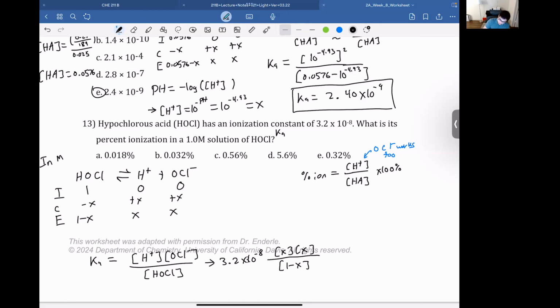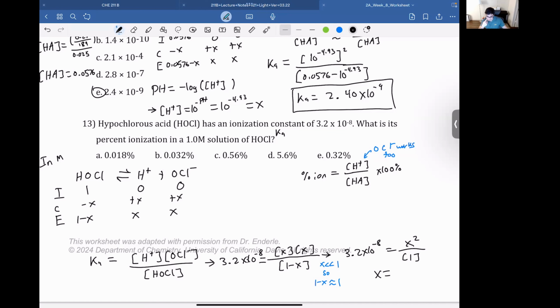Now we're going to make an approximation here. One sec. On the top, we have x squared. Now the approximation we're going to make is we're going to say that x is so much smaller than 1. So 1 minus x is about equal to 1. That way we don't have to do so much math.